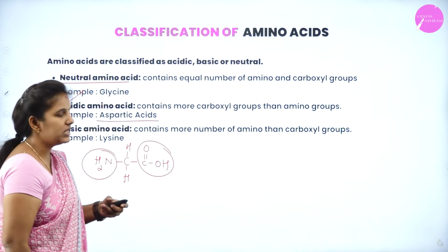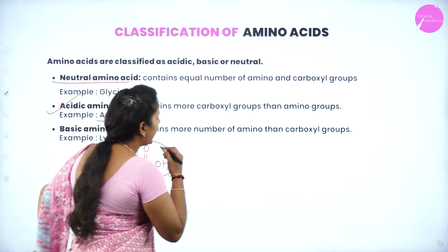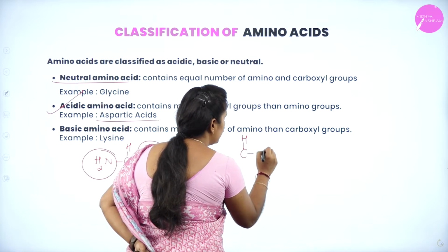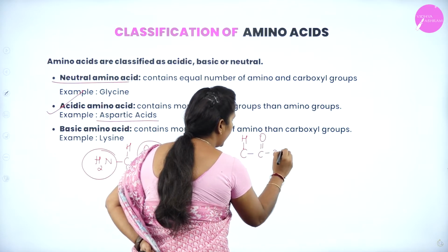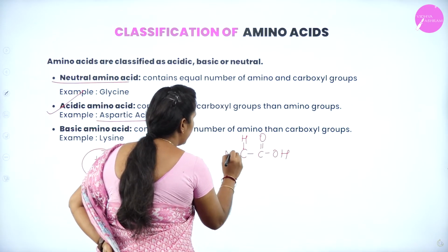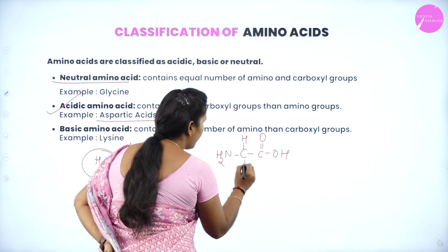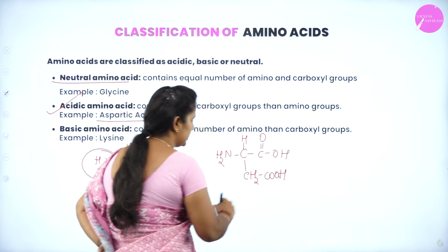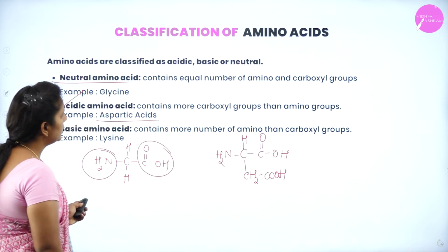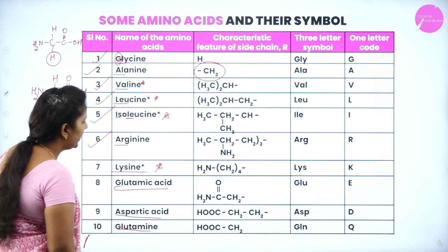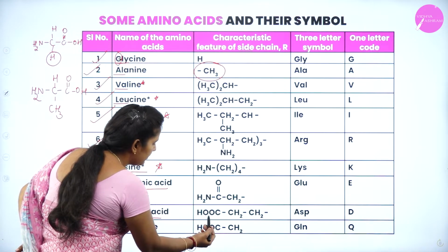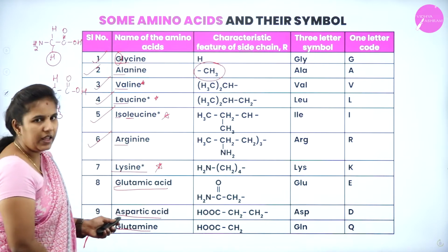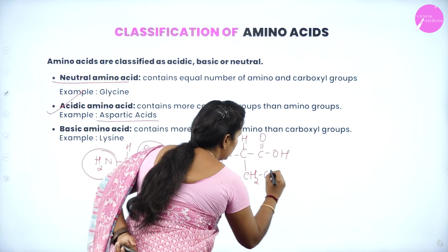The best example is aspartic acid, and I can write the structure as CH, COOH and NH2, with CH2, COOH as the variable group.